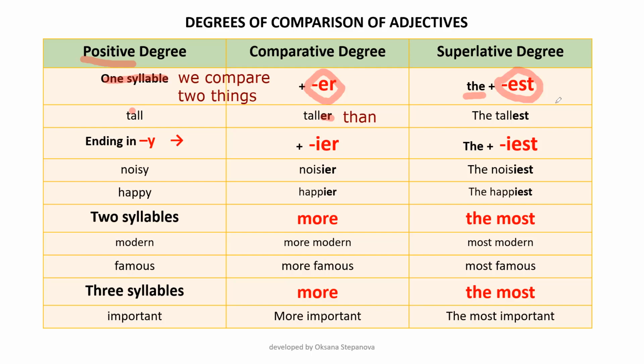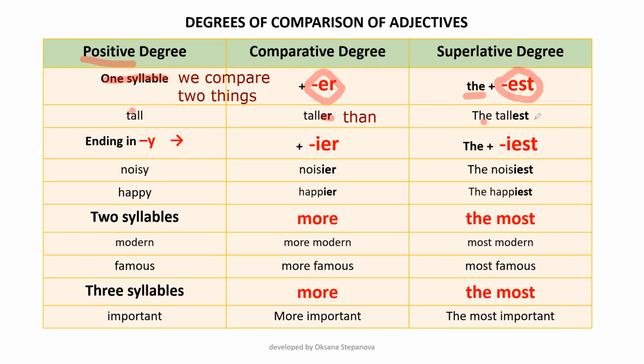I saw many textbooks and study materials that neglect the article the. However, in English, it doesn't go anywhere. So please remember that you always need the before this adjective in the superlative degree. The tallest. This boy is the tallest of all. This building is the highest of all.